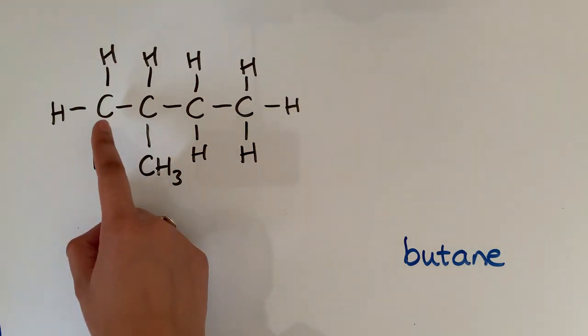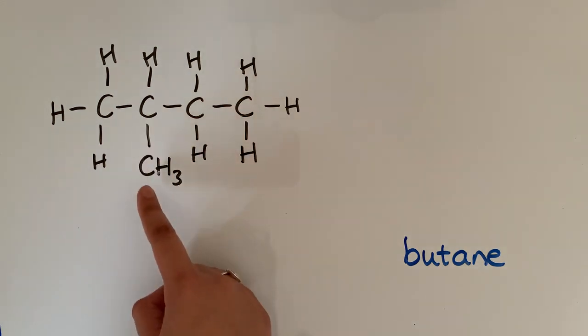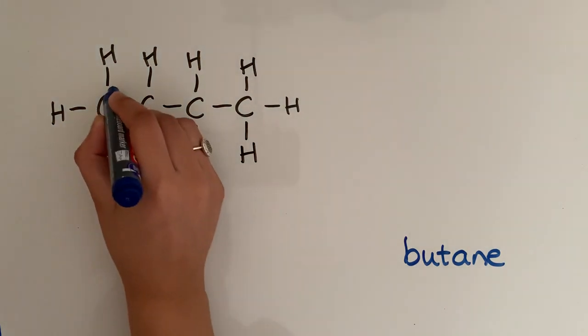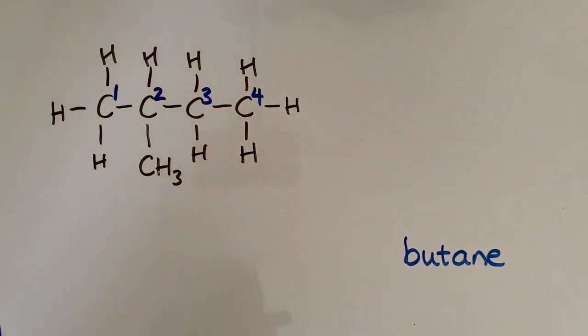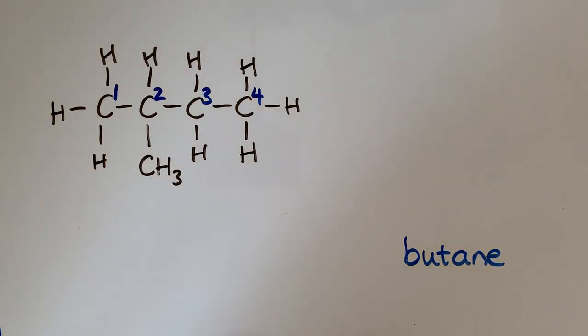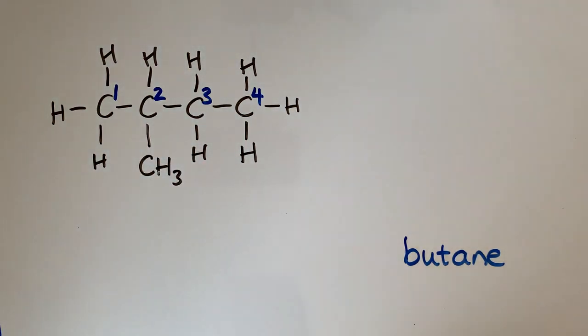If I start numbering from here, 1, 2, 3, 4, the branch comes off of carbon 2. So that means I should start numbering from here, because that branch comes off of the smallest carbon number.